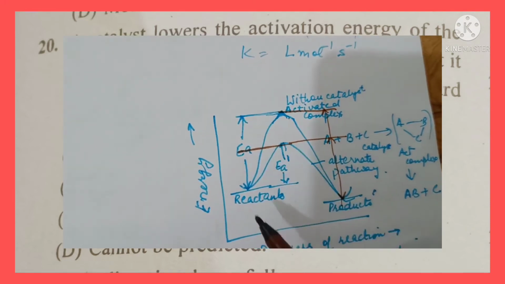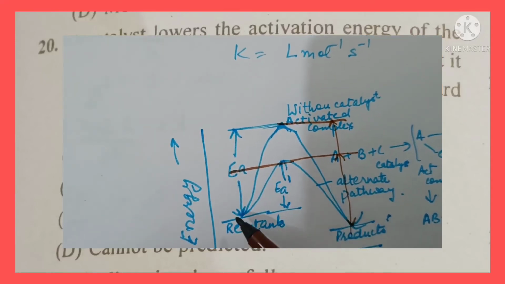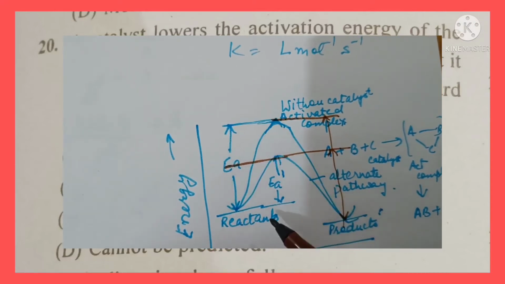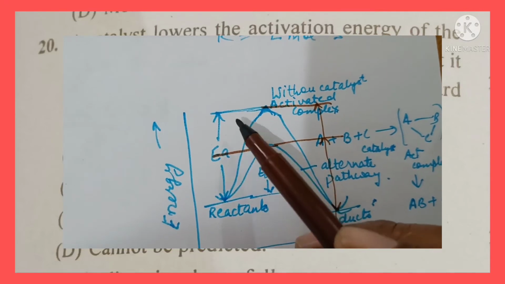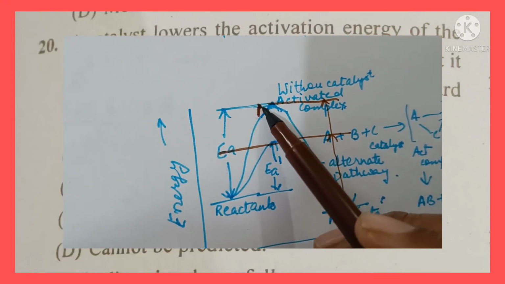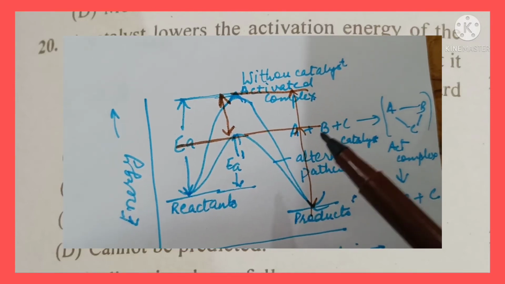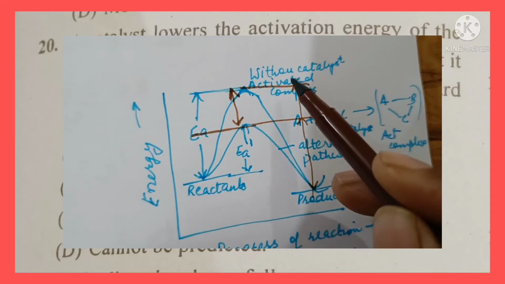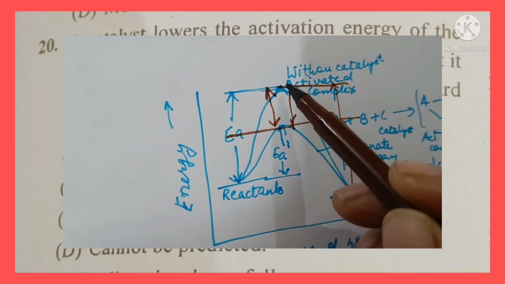We can see in this diagram that the pathway for the catalyzed reaction decreases the activation energy of the forward direction reaction by this much amount. Similarly, for the backward reaction also, the catalyzed reaction will decrease the activation energy by the same amount.